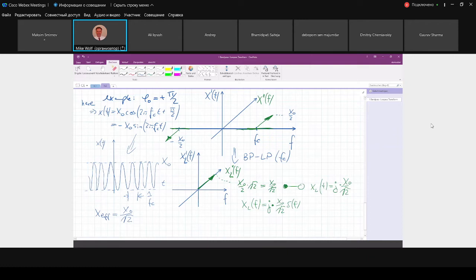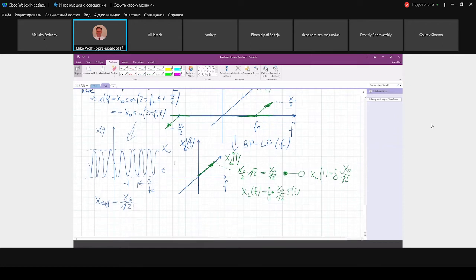If instead of using this oscillating wave I would use a DC voltage, what is the required voltage of this DC voltage in order to produce the same average power? And since the instantaneous power here is 0, and here it is x naught squared, the average power is just x naught squared divided by 2.